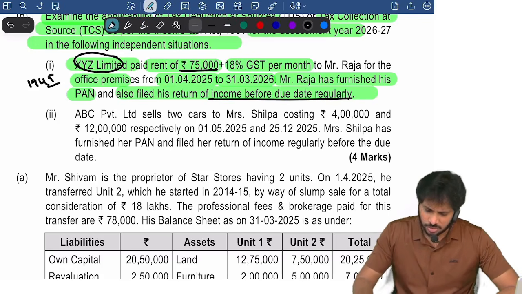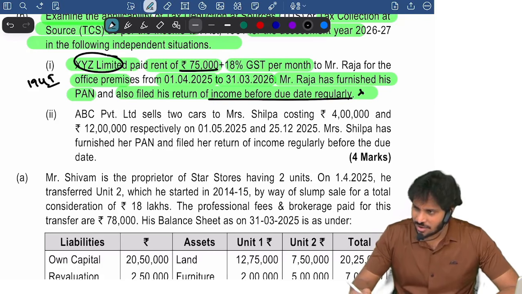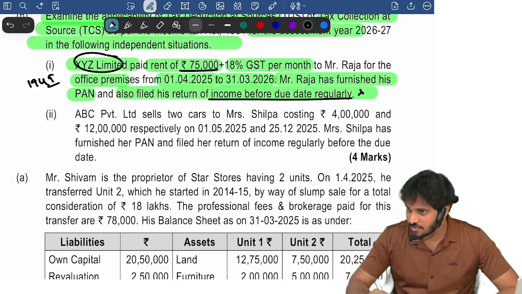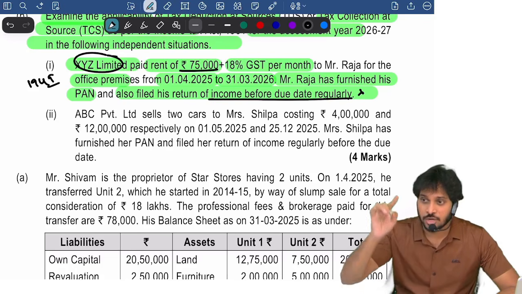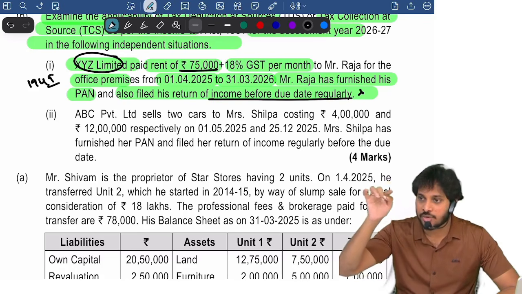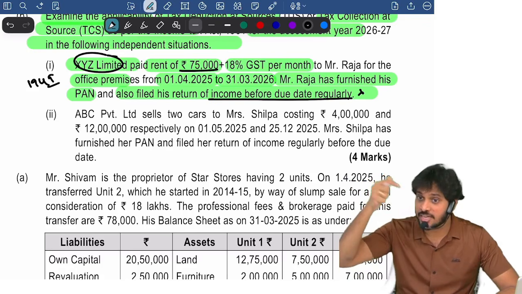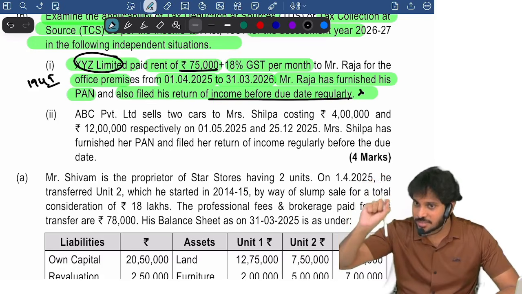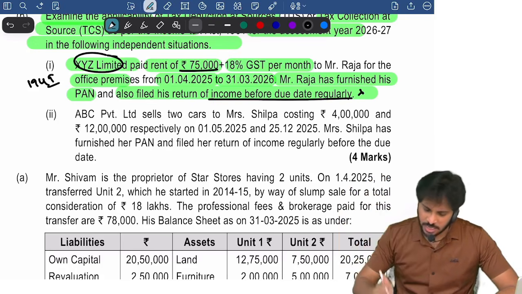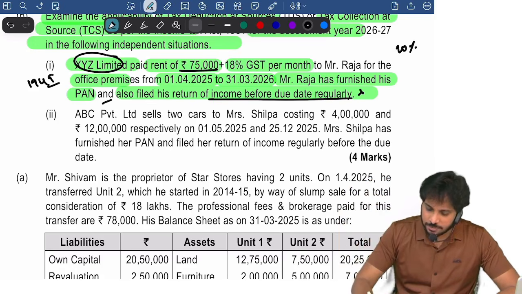Whether he filed regularly or not doesn't matter. That's unnecessary information which is given. Because of 206AB, earlier for non-filers, higher rate of TDS was applicable. But now that section was removed. He furnished PAN, therefore 10%.